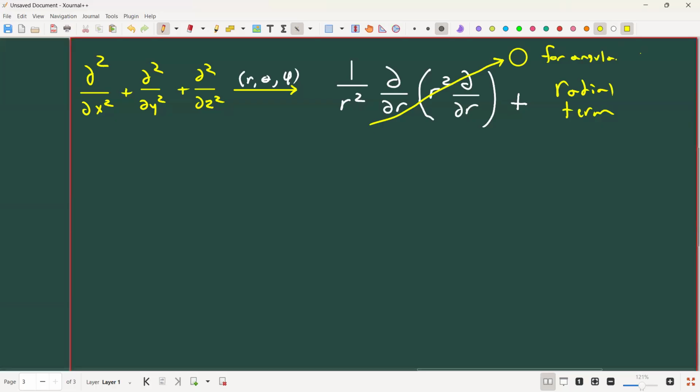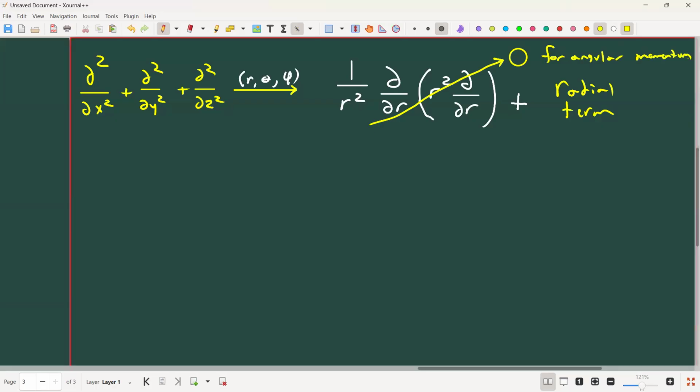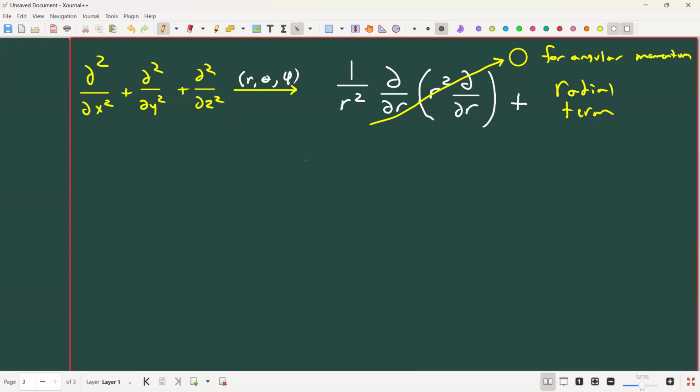For angular momentum, we don't have to think about it. Our physics do not depend on r. Well, they do depend a little bit on r because the moment of inertia depends on r. But we don't have any dependence on the change in r. And we're going to see some dependence when we look at the other terms.